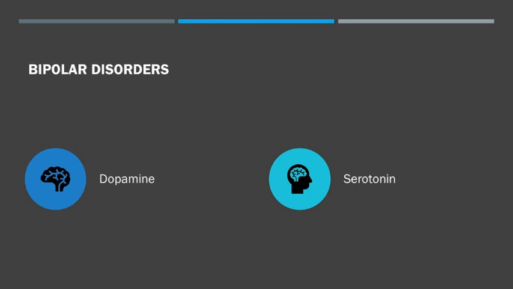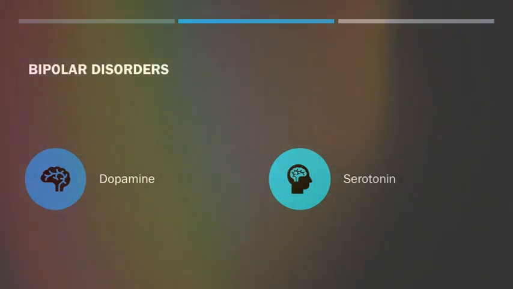What we know from the neurobiology here is that there are changes in the activity of the mood-related brain regions. This can include the prefrontal cortex, the amygdala, and the striatum, which have all been observed in individuals with bipolar disorders to have some kind of disruption within them.